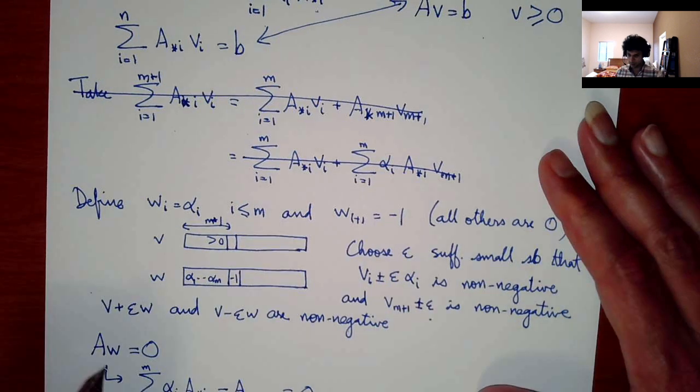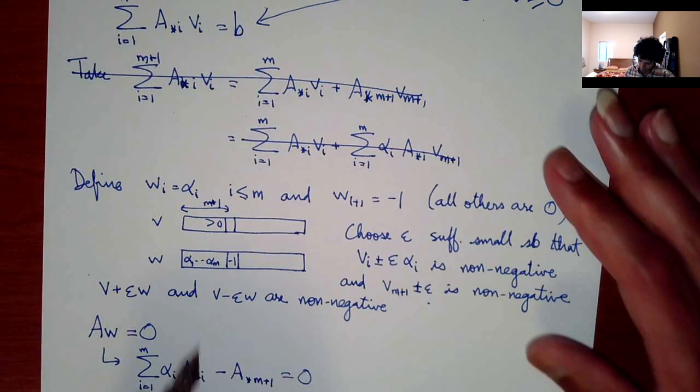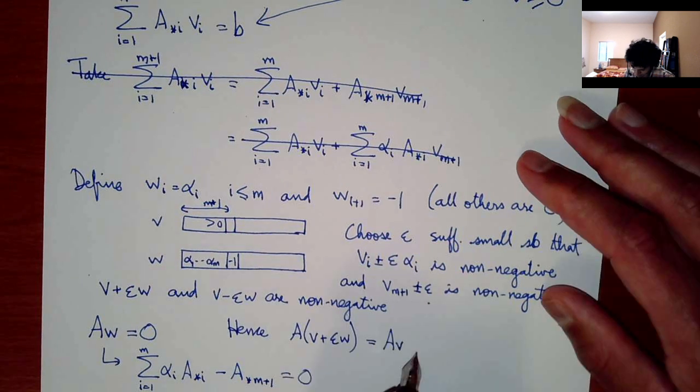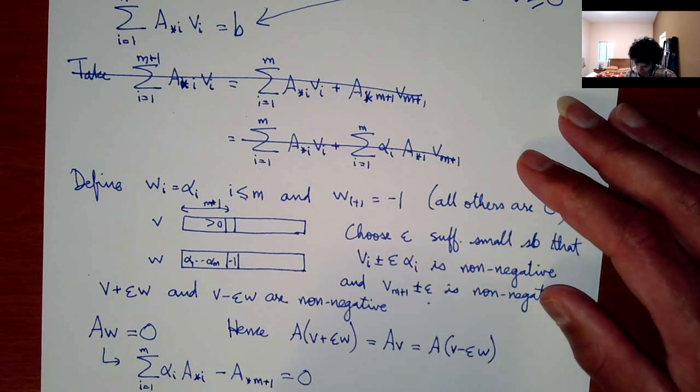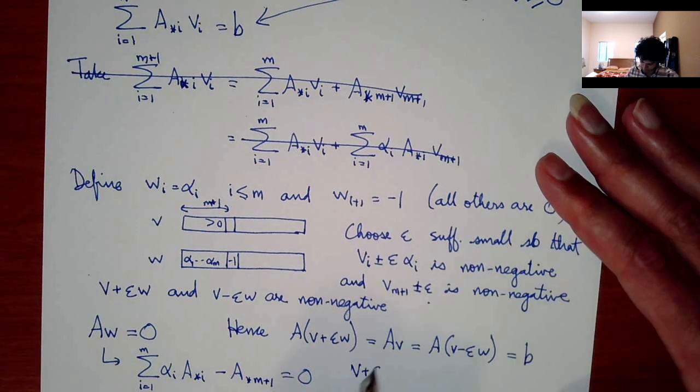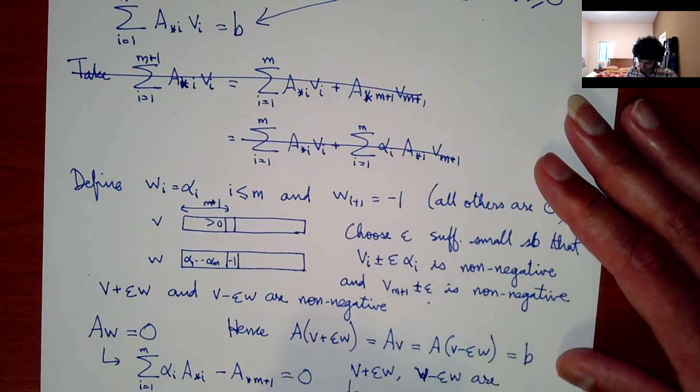So A times W is equal to 0. Hence A times V plus epsilon W is equal to A times V, which is equal to A times V minus epsilon W, and all of this is equal to B. So both V plus epsilon W and V minus epsilon W are feasible. And there's your contradiction.